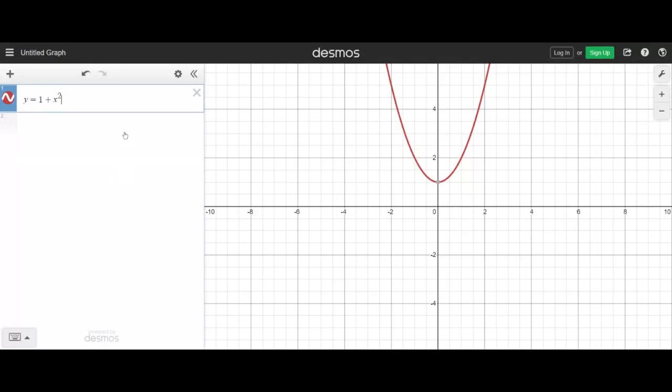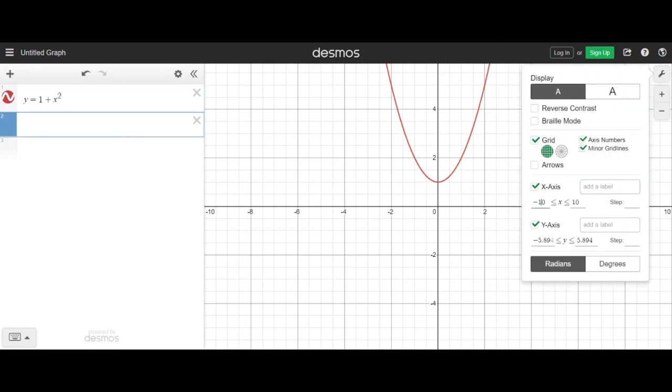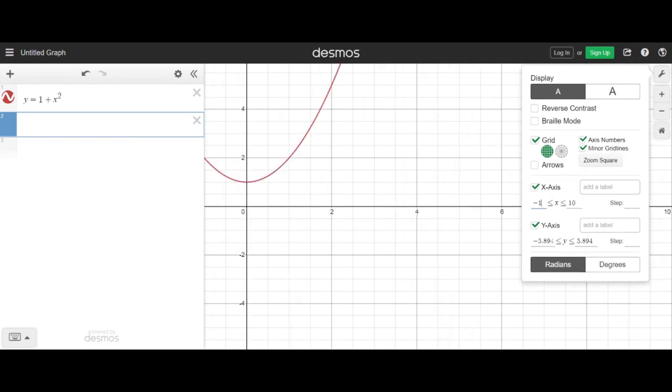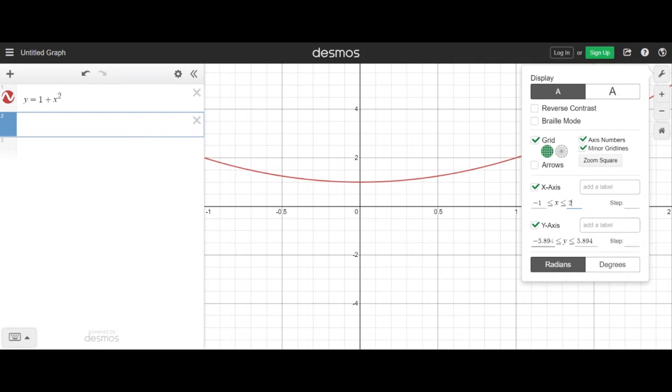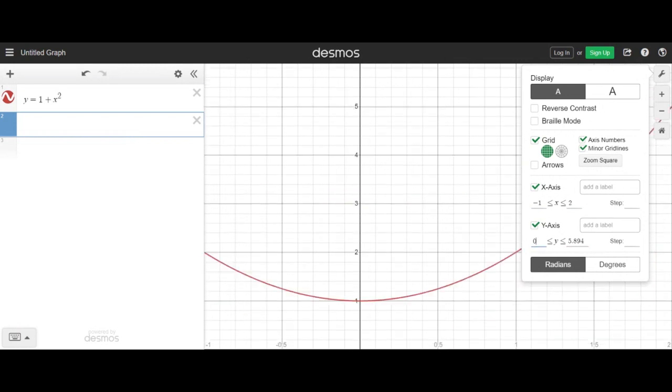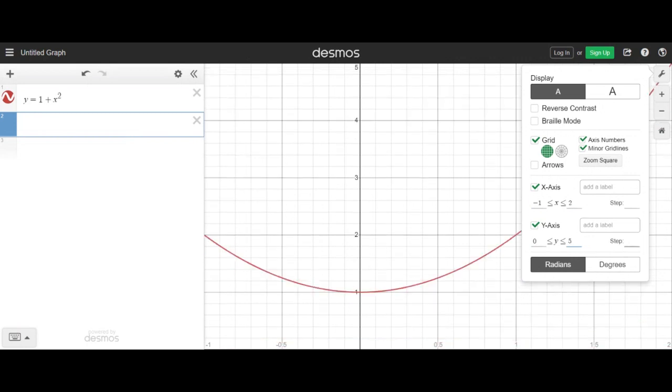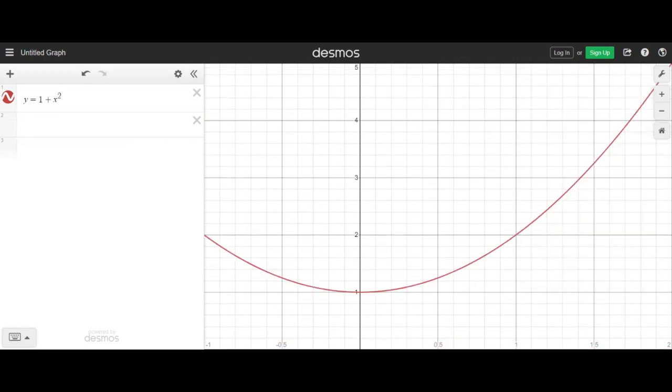I'll go to the wrench, and for the x-axis I'll go from -1 to 2, and for the y-axis maybe from 0 to 5. Okay, pretty good picture.